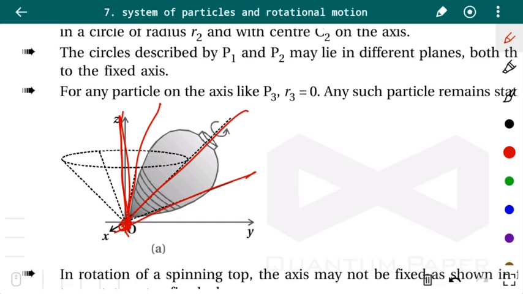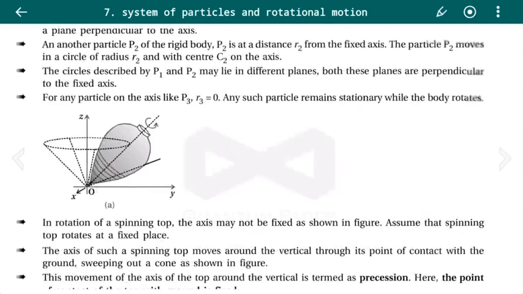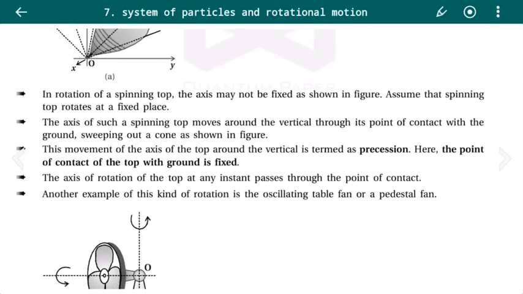The rotational axis changes, but the point of contact remains the same. So this movement is called precession. The axis of rotation of the top at any instant passes through the point of contact. So the rotational axis may be changing, but every rotational axis passes through the point of contact.